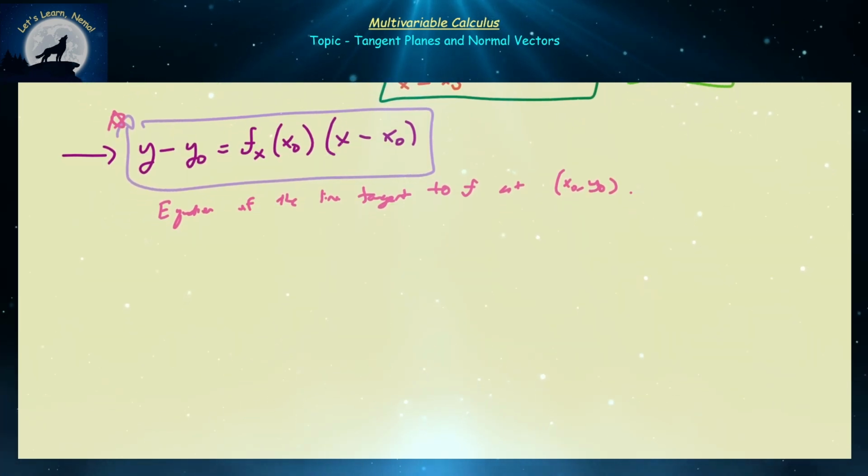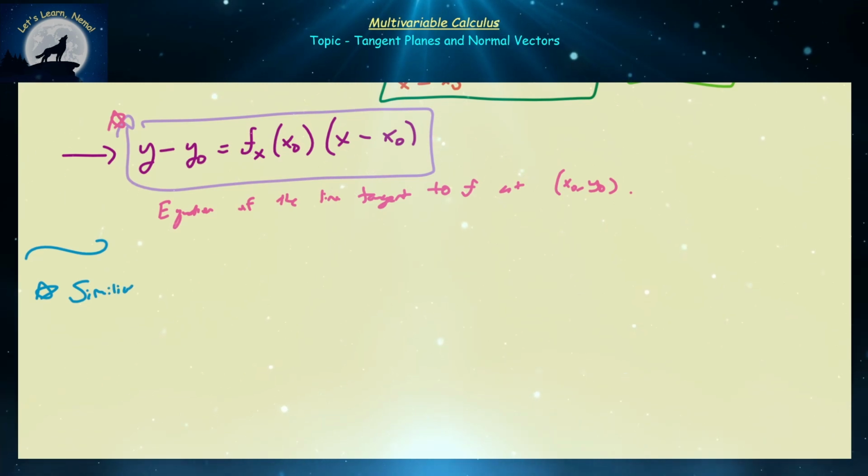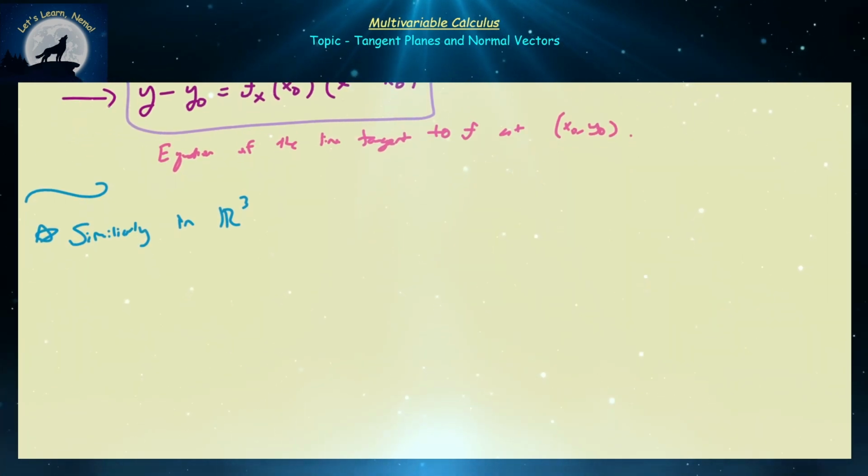So if we want to build the equation of the tangent plane to f at a particular 3 input value, what type of structure would that follow? So similarly, in R3, and also R4, R5, and up to Rm, so now we're going to say that f of x0, y0 will be equal to z0.